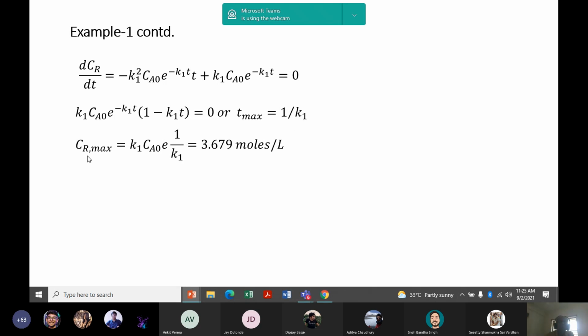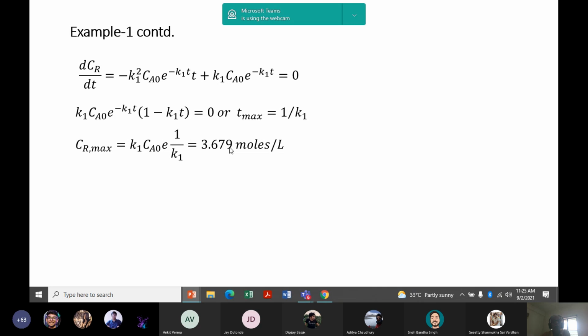And what is Cr max? Cr max depends only on Ca0 and the rate constant. So if Ca0 and K1 are available, you can directly substitute and get the Cr max value. So Cr max in this problem is 3.679.